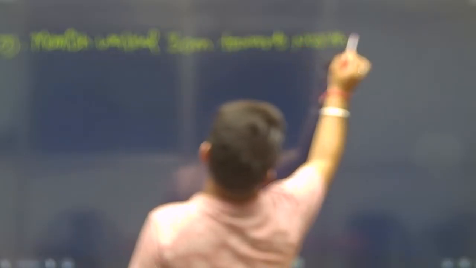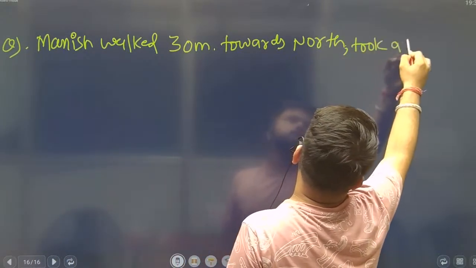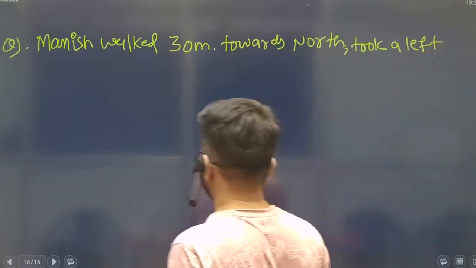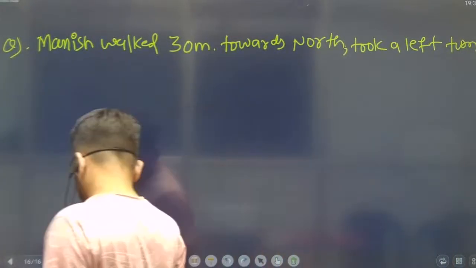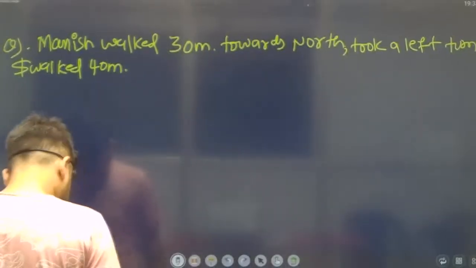Manish walked 30 meter towards the north direction. Took a left turn and walked 40 meter. Again, he took a left turn and walked 30 meter.